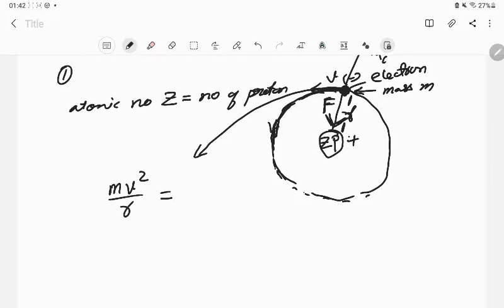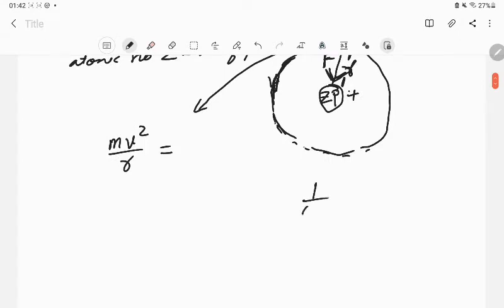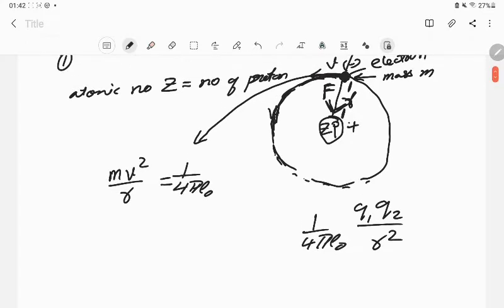So this centripetal force will be equal to electrostatic force. So electrostatic force will be 1 by 4 pi epsilon naught q1 q2 by r square. So here q1 means first charge and second charge.